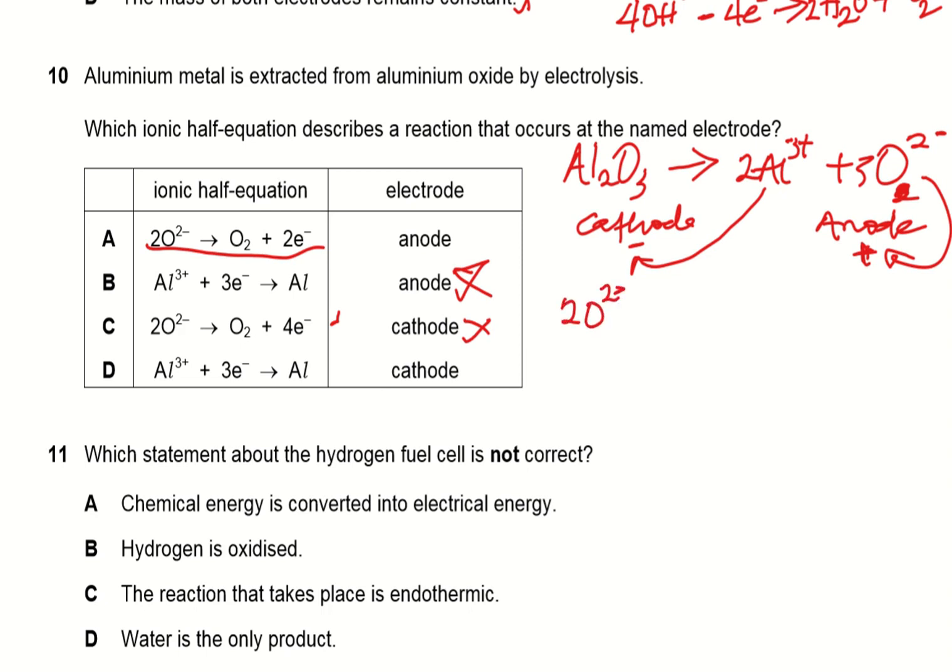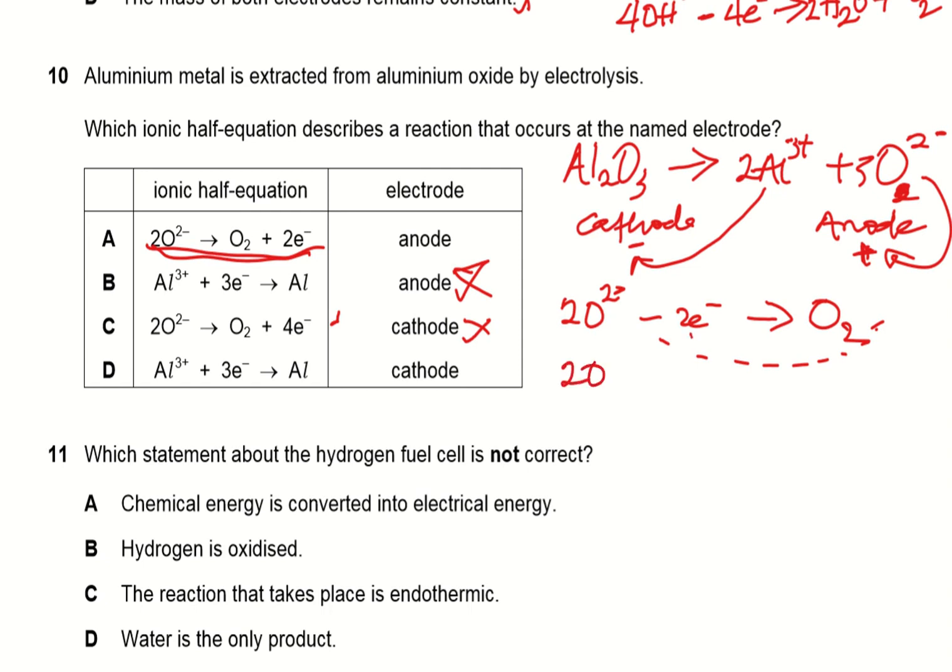O2-, they are telling us that this moves to the other side and becomes O. The only thing wrong with this is that one oxygen atom will lose 2 electrons, but 2 oxygen atoms will lose 4 electrons.